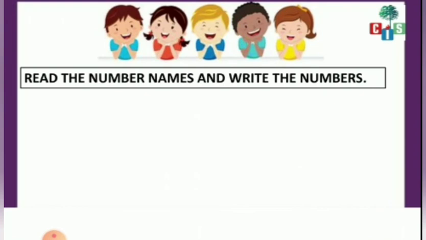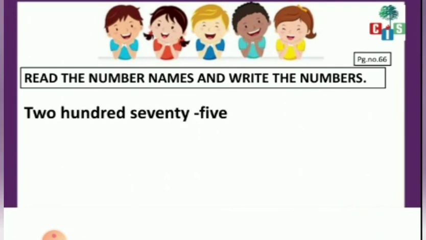Read the number names and write the numbers. So let's start. 275. So in the 100 place value, the number will be 2 and the last is 75. So 275. We read it as 275.